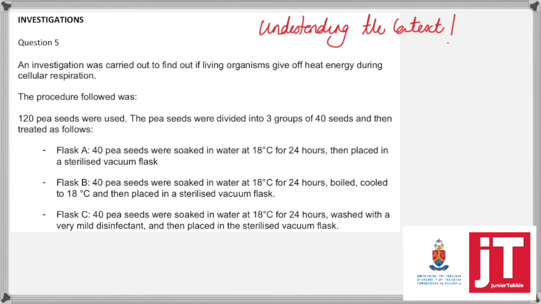Now, what would a disinfectant do? You've got to ask yourself that. Normally, what does disinfecting a surface mean? Okay, and then they were placed in a sterilized vacuum flask as well. So now we've got some context to what's happening for each of these groups of 40 pea seeds in this investigation.